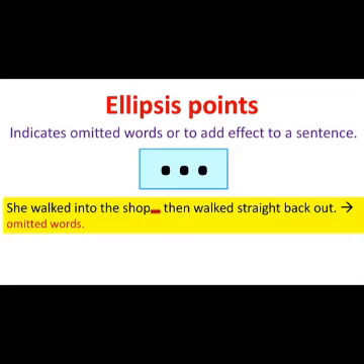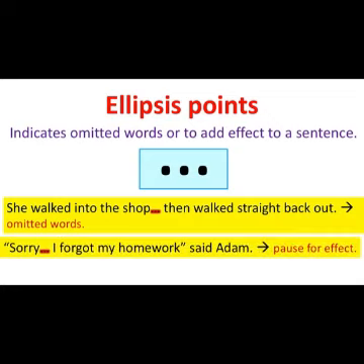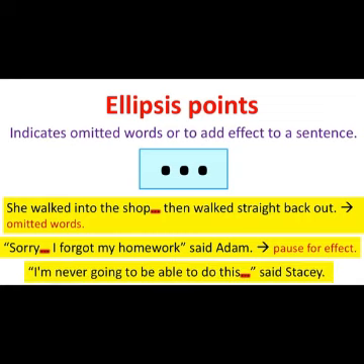Omitted means when words have been taken out of the sentence. Sorry, I forgot my homework, said Adam. This sentence shows us where ellipsis points have been used to create a pause for effect. Another example is, I'm never going to be able to do this, said Stacy.